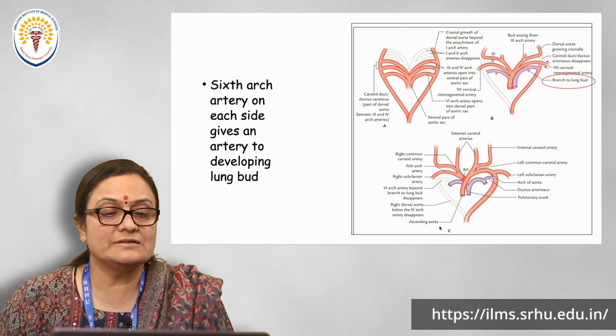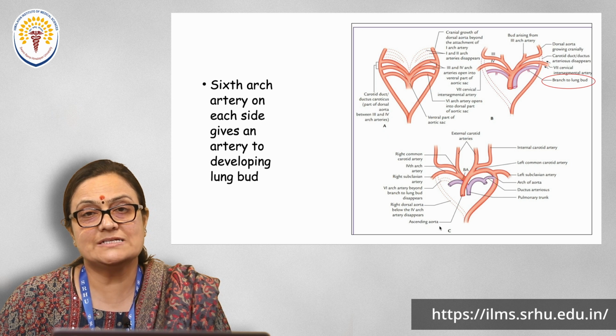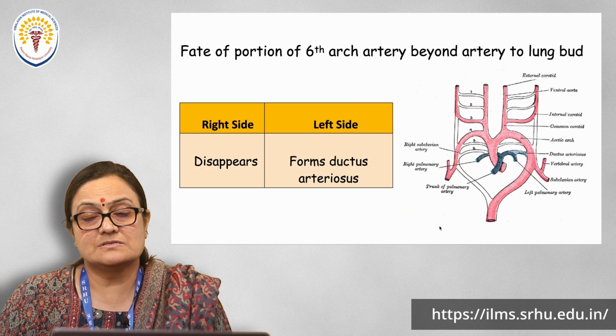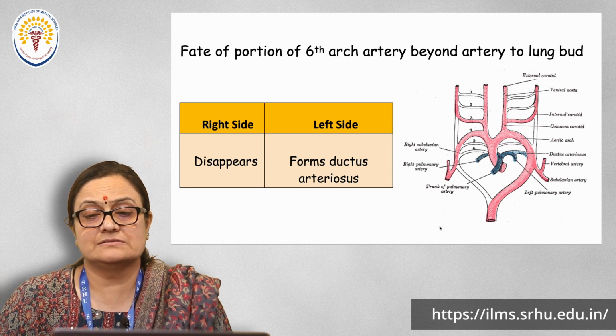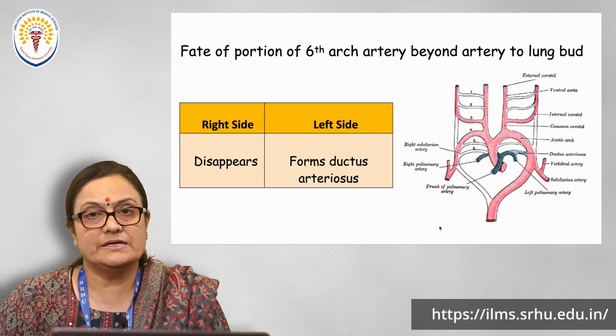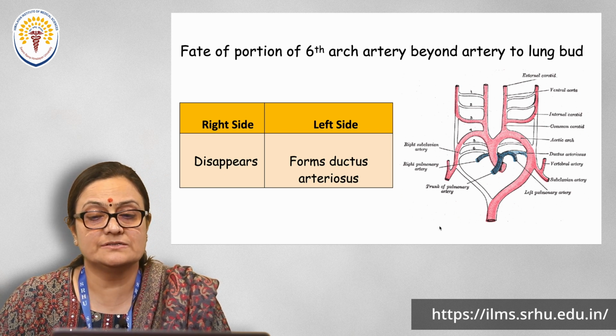So, sixth arch artery will give an artery to the developing lung bud on the left side and the right side. Now, what happens when this bud arises from this single artery? It will get divided into two parts, a part which is lying proximal to this bud and a part lying distal to this bud, and the fate of these two parts will be different.